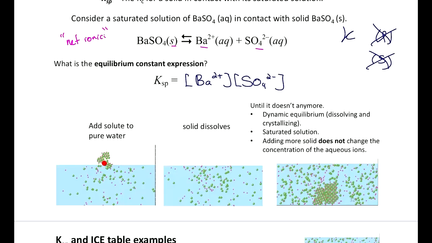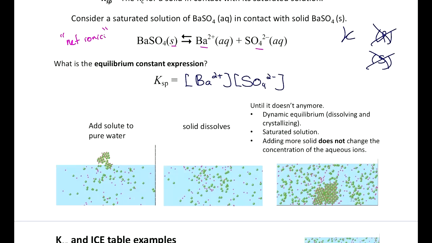You add a little bit of salt, that solid disappears, but really what is happening is that those ions are dissolving and becoming free in the solution. So all that solid dissolves. Well, what if you had a really big chunk of solid? Some of it, more of it dissolves, but at a certain point, you add so much solid to your solution that no more of it will dissolve.